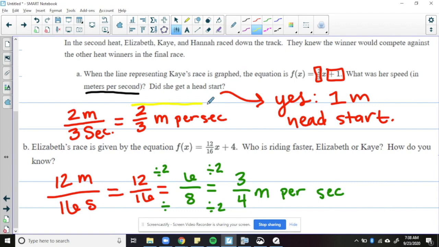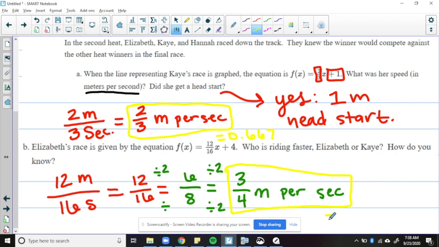So I'm trying to figure out, is 2 divided by 3 bigger, or is 3 divided by 4? If you want to change these to decimals, you can definitely do that. That might be a little bit easier to compare. So 2 divided by 3 is 0.67, and I'm going to write myself a note that this is equal to 0.667.